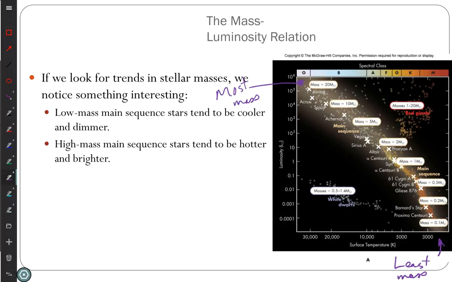But you can have a star that has 1 solar mass or 20 solar masses in a similar region. So there's more going on with the stars that aren't on the main sequence. The ones on the main sequence follow a pretty nice organized pattern. In fact, we're going to spend a lot of our time just understanding the main sequence because it's where stars spend 90% of their time.